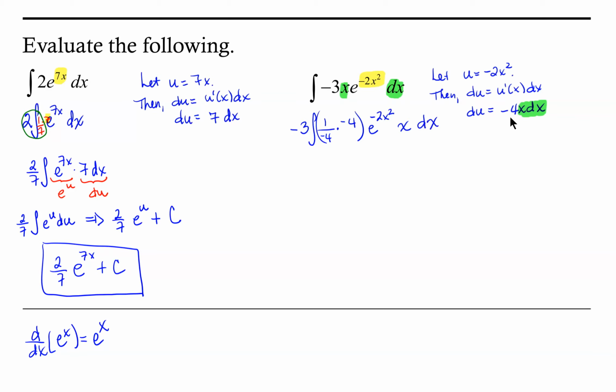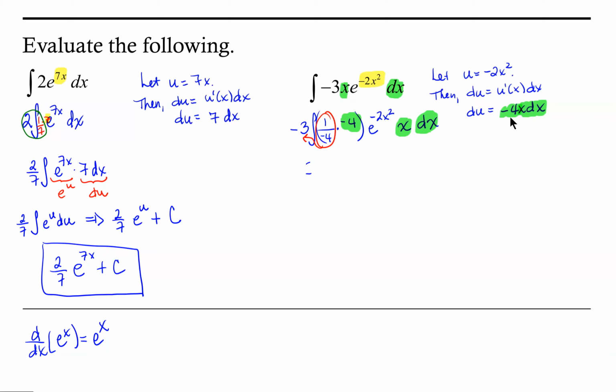And so at this point, I can rearrange this just a little bit more, and I can now have the negative 4x dx that I need for my differential du. Also, let's go ahead and bring this negative 1/4 out of the integral sign and multiply that by the negative 3.